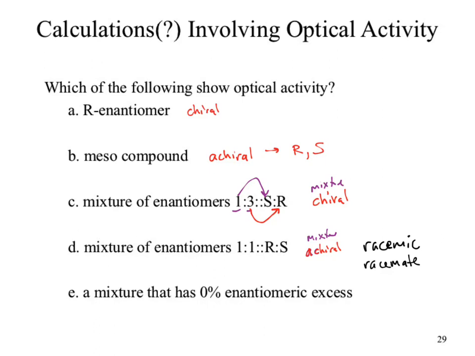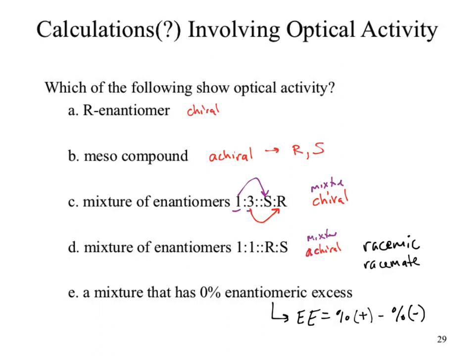How else could I, actually we'll look at the last one. A mixture that has a 0% enantiomeric excess. What does that mean? Well, what was enantiomeric excess? It's the percent of one, we'll call it positive, minus the percent of the other, minus.